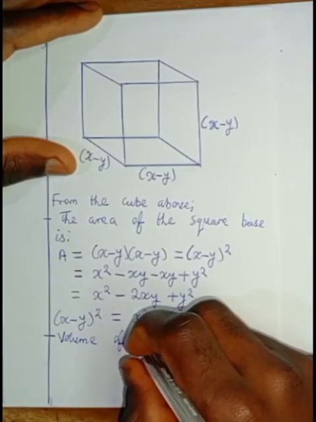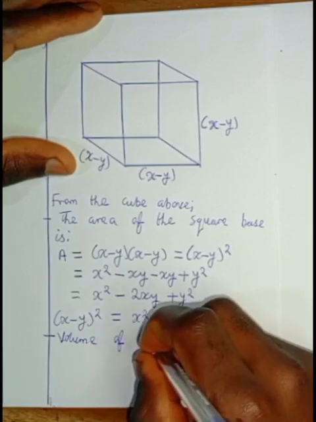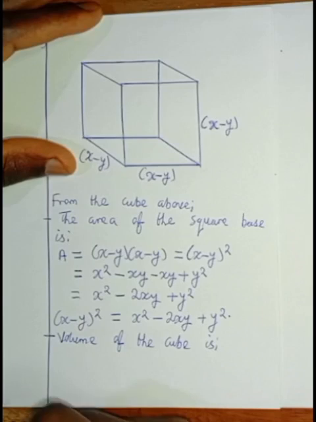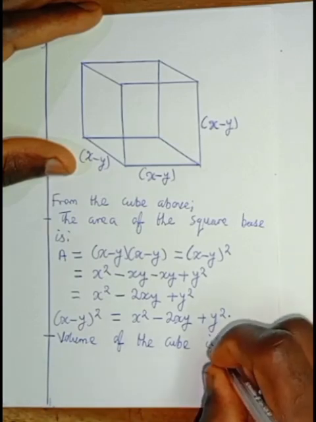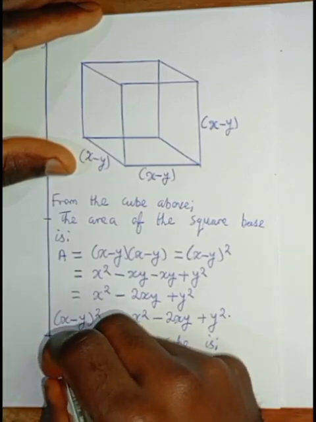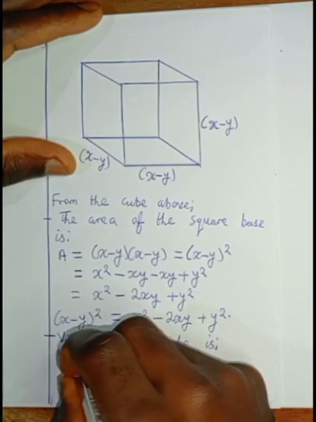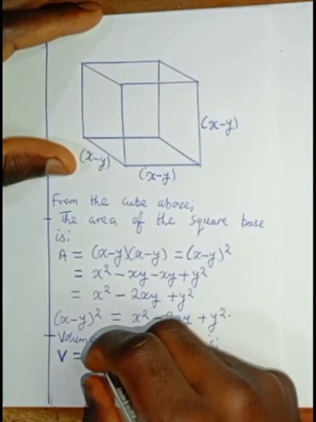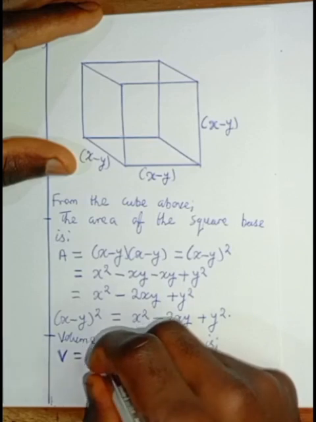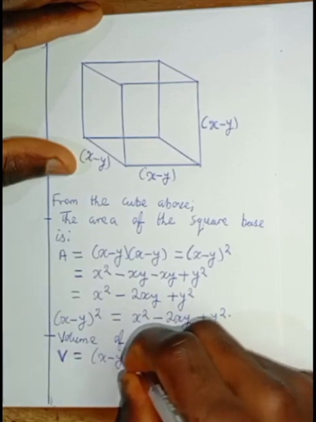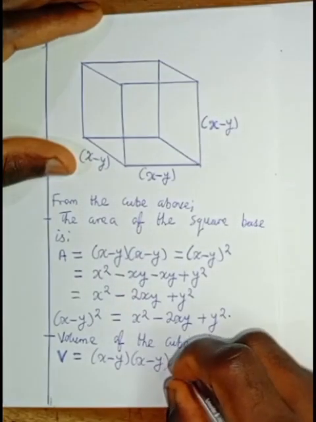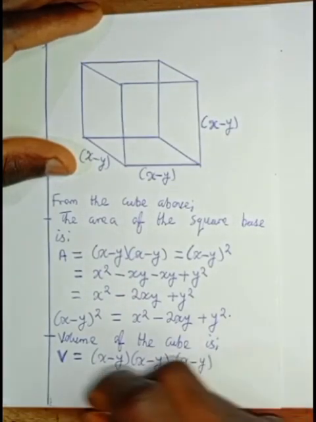Now we take the next, volume of the cube. The volume of the cube is, we are going to take the area of the base times the height, which is x minus y times x minus y, the area of the base, times the height, which is x minus y.